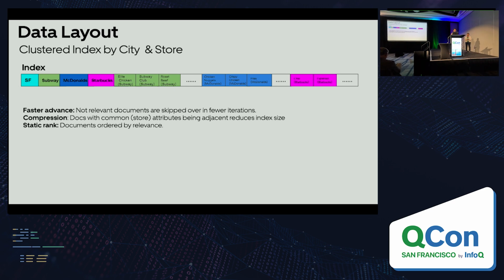This provides a better compression ratio, because Lucene uses delta encoding, and if you have very sequential doc IDs, then your compression is better. And then finally, we also order the documents by static rank, which helps us to early terminate the queries once we reach the budget.